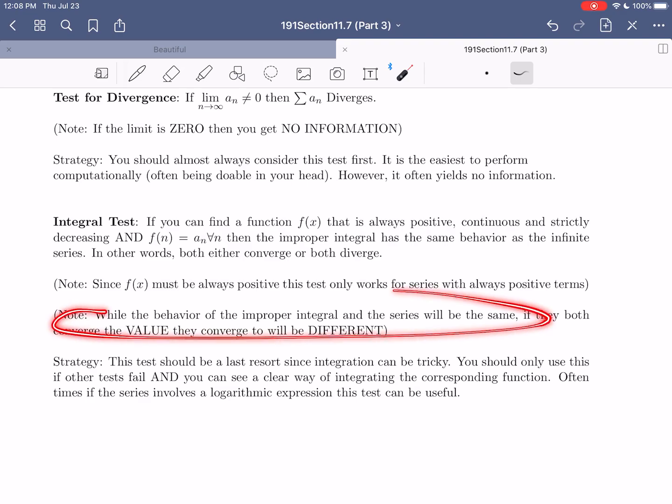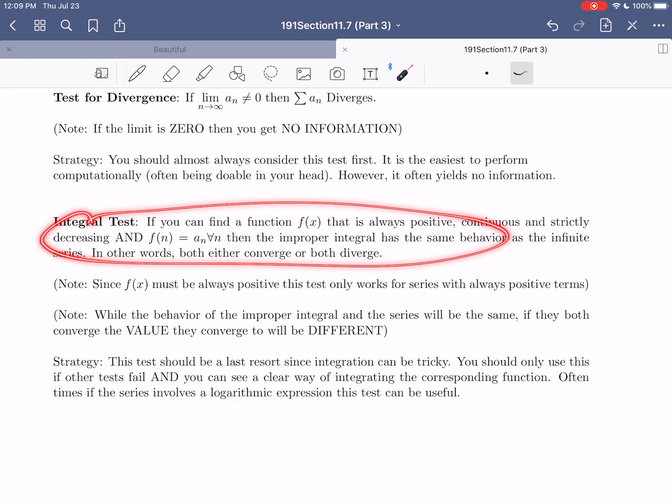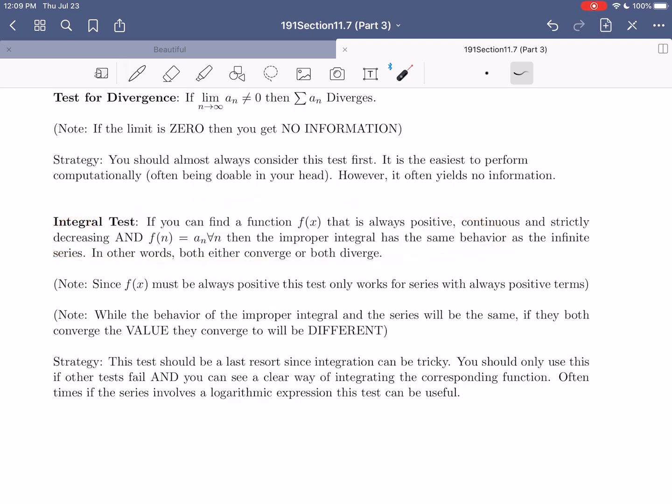Also keep in mind that while the integral test tells us that the improper integral and the series will behave the same, if they converge, meaning that they actually converge to a finite value, the values will actually be different. We actually showed in the proof of the integral test that the infinite series is going to sum up to something that is larger than the value of the improper integral. So remember, this test is again about the behavior, not the actual value.